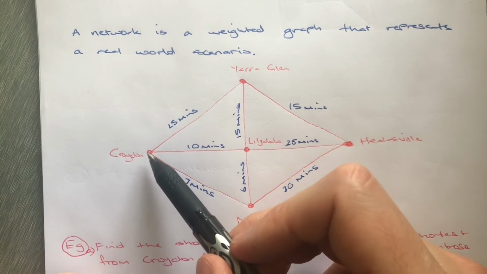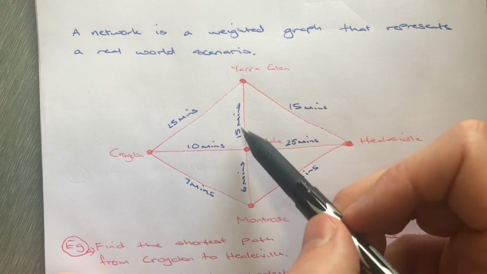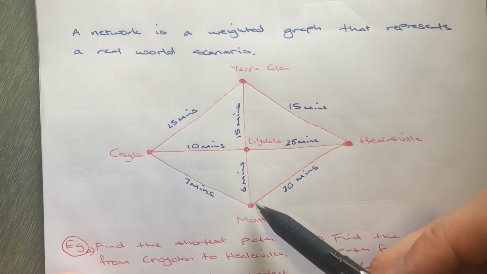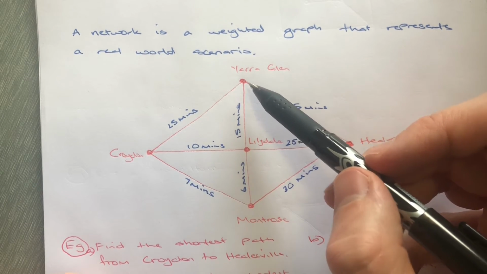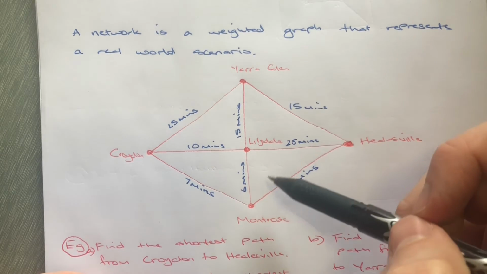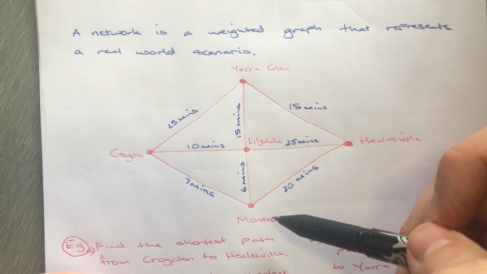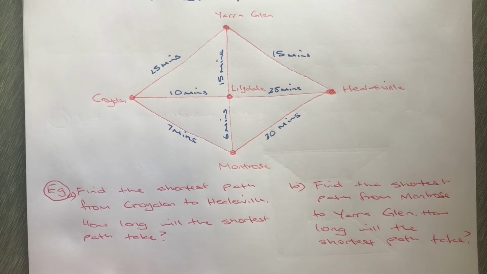You could also go from here to here and then back to there, and that total is going to be 25 minutes as well. You could even go over here, then there, then there. That's going to take a bit longer, 28 minutes. Do you see how each of the paths have a different value? So often you're going to be asked to find the path that's the shortest, so it has the lowest value, which is what we're going to do with these couple of examples here.